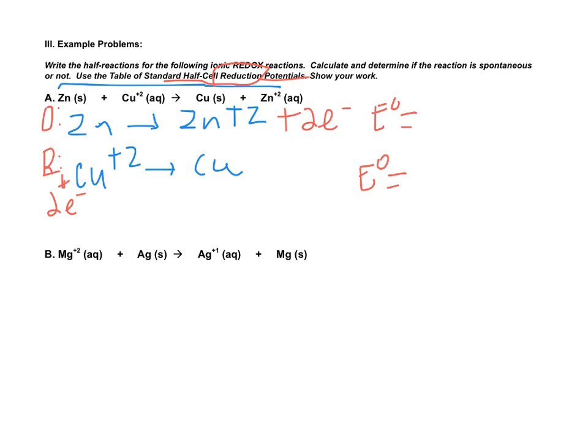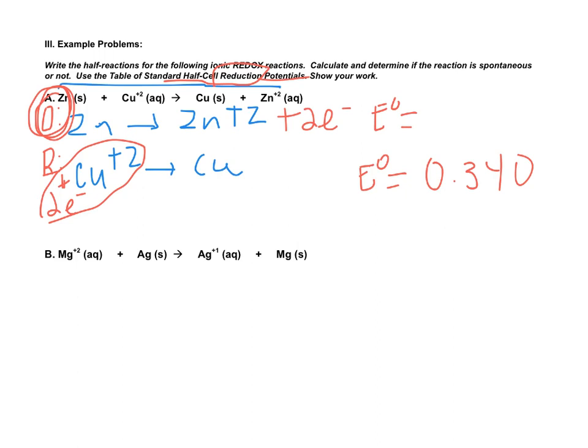So copper plus 2, and you have to watch out that there are multiple coppers with multiple different electrons, so make sure you're really getting copper plus 2 with 2 electrons. And I'm seeing a voltage of 0.340.